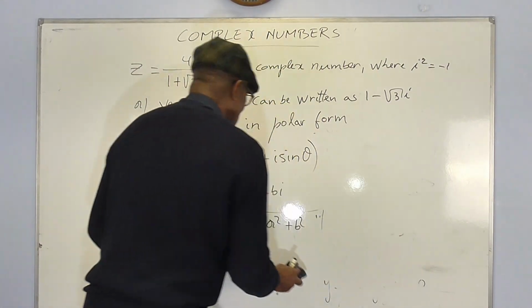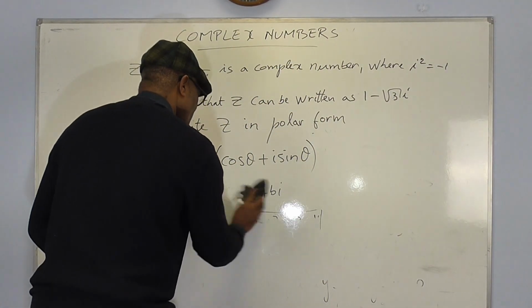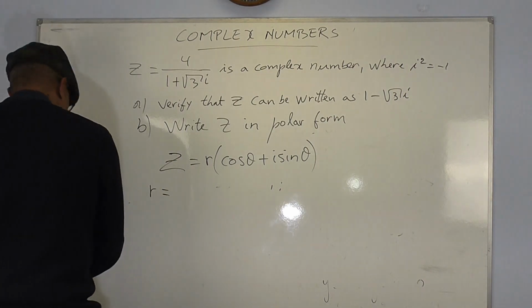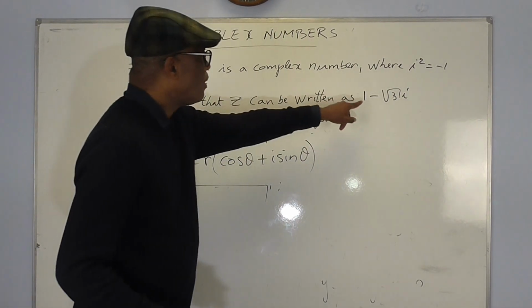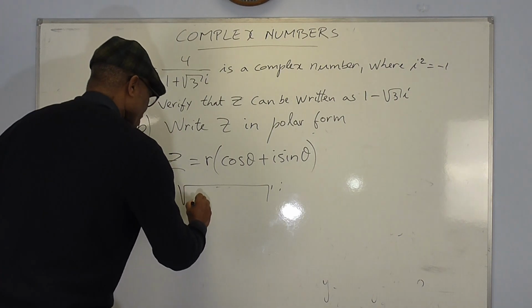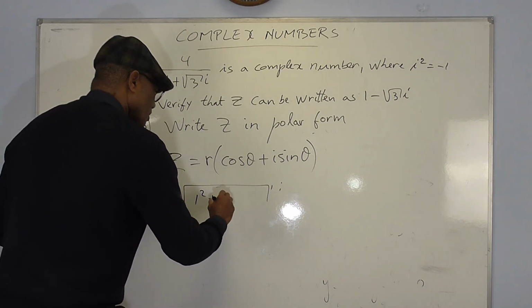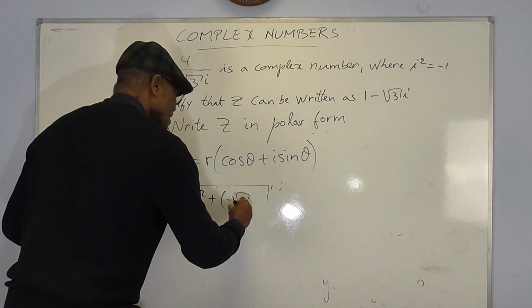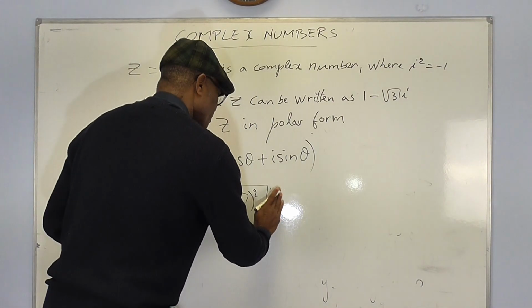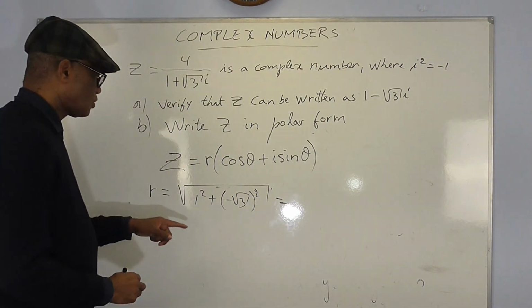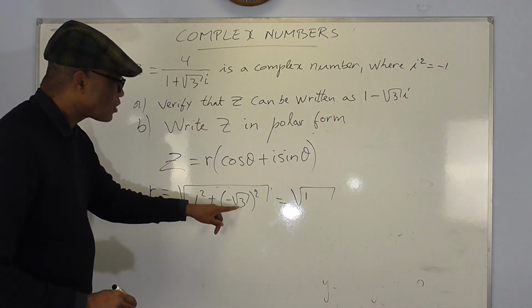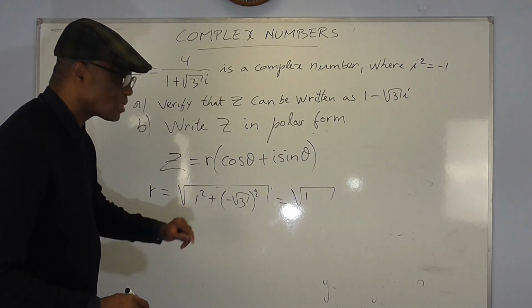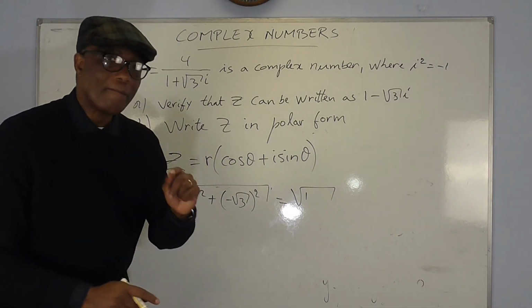Now the modulus will be 1 squared plus minus square root of 3 squared. So this will give 1, and the square of minus square root of 3 is what?